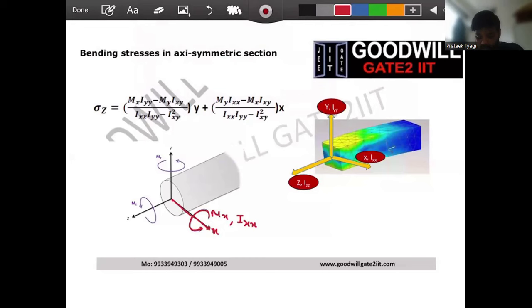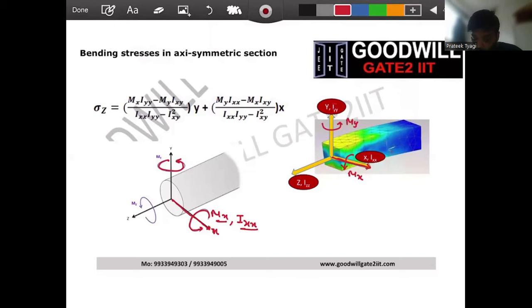But what I'm saying is when you have a moment about x-axis, Mx, and you know this is vertical bending, the inertia will be about x-axis, which we name Ixx. I will give you the properties in some time. If you see, I have written it here. If you're rolling anything about x-axis, the moment is Mx and inertia is Ixx. Then, if you roll anything about y-axis, your moment is My and inertia will be Iyy.